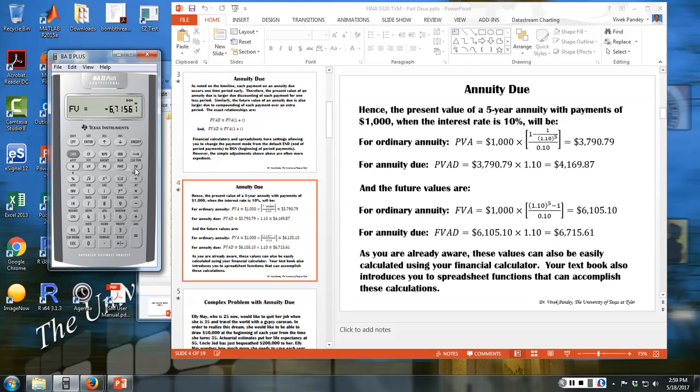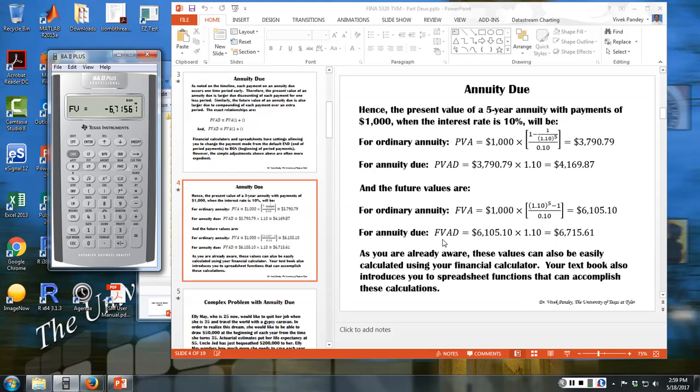Right now we have a future value for annuity due, which would be 6715.61. Okay, so by changing to begin mode, we're able to evaluate annuity dues, right?